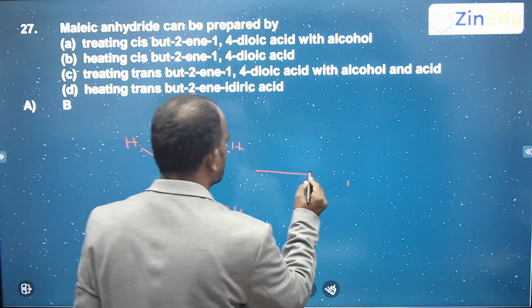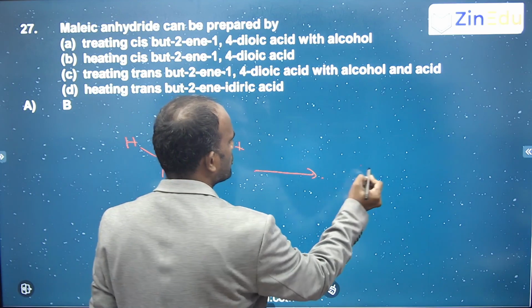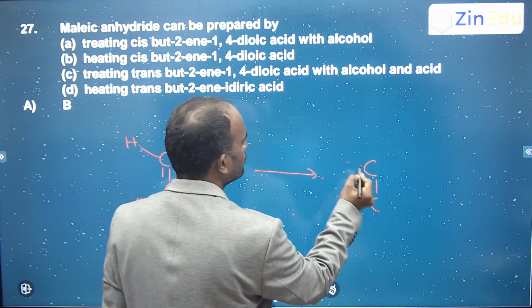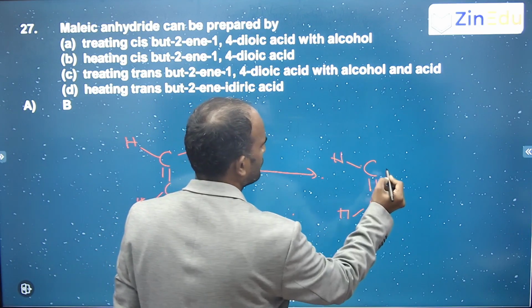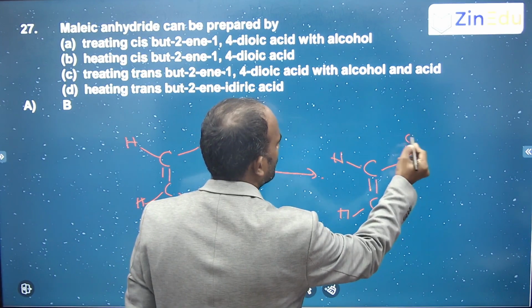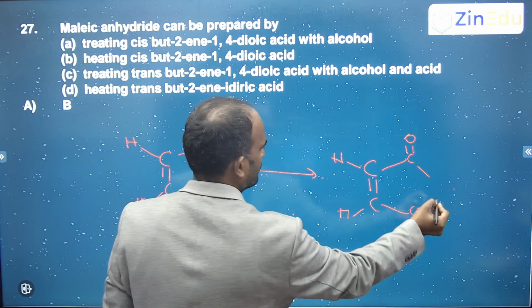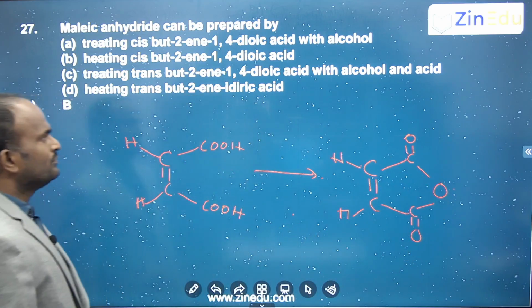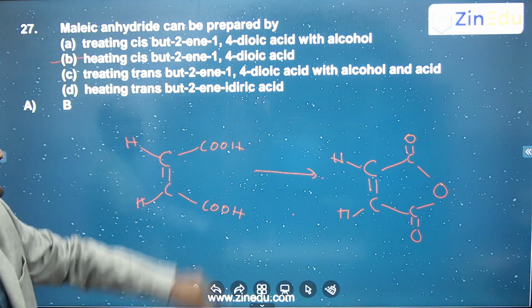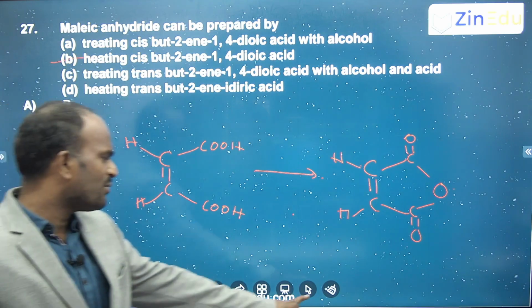Upon heating this one, carbon dioxide is going to be lost and it is going to give maleic anhydride.